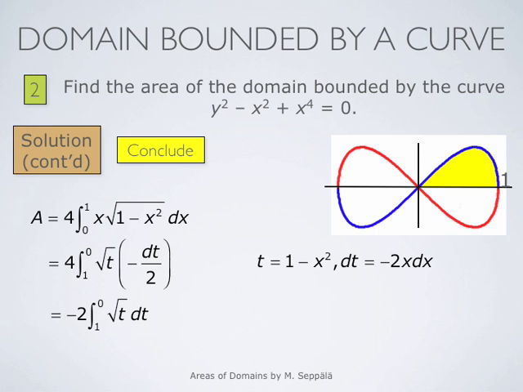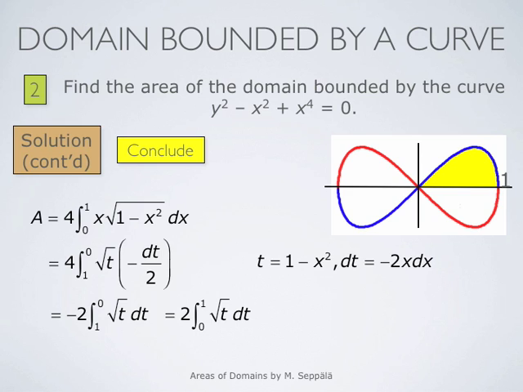And then we observe that this, of course, becomes just minus 2 times integral from 1 to 0 square root of t dt.